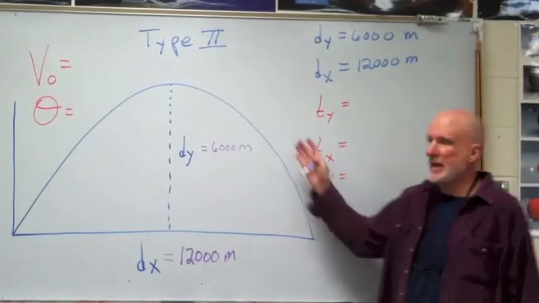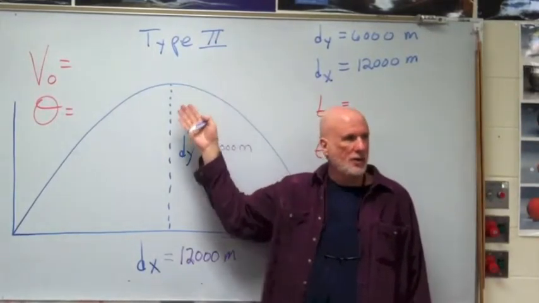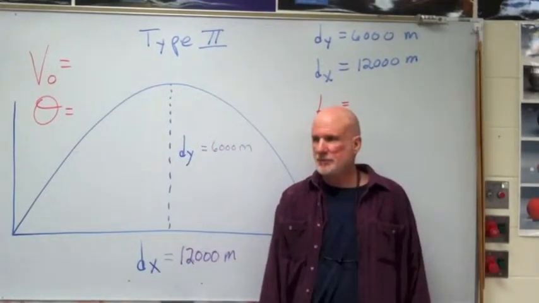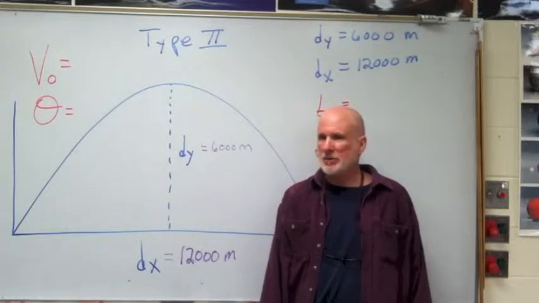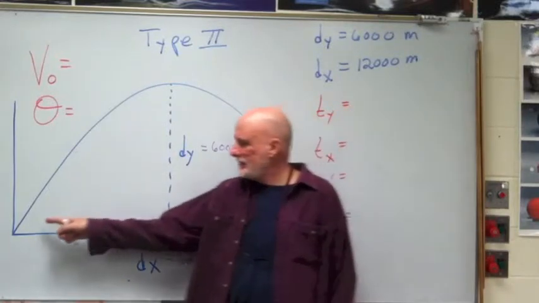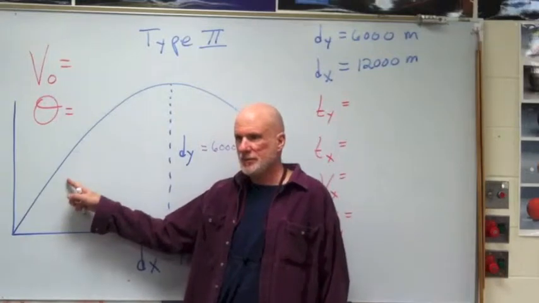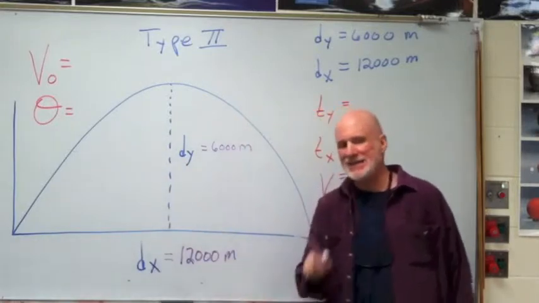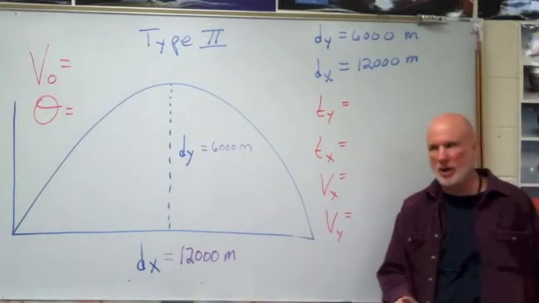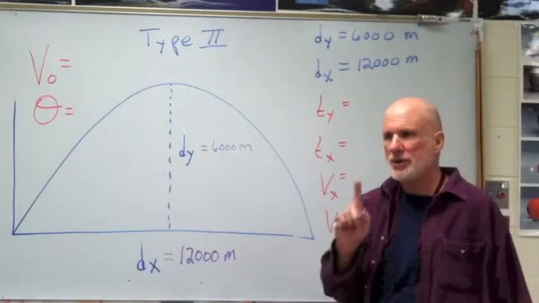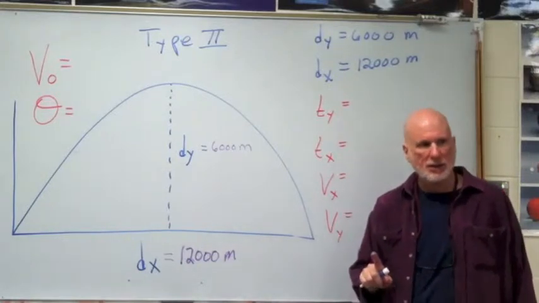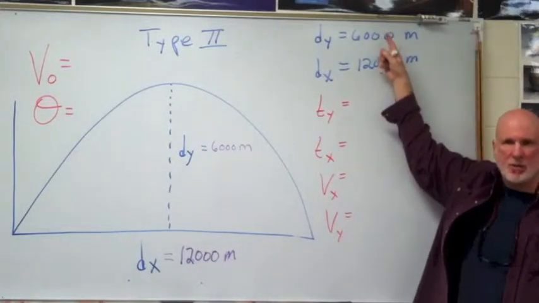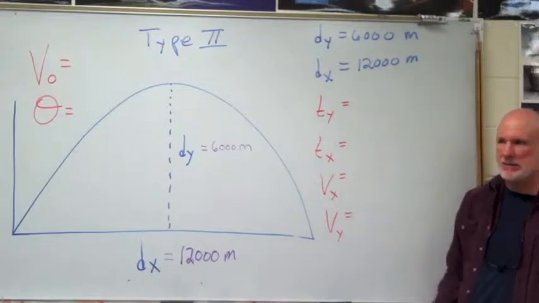Right, this is a type 2 problem. The last type 2 problem we saw, I gave you a V0 and I gave you an angle. In this problem, and it's not necessarily drawn to scale, I'm giving you a dy and a dx.